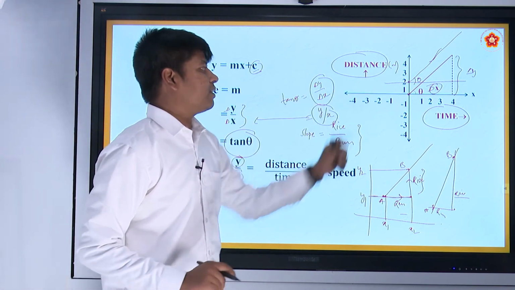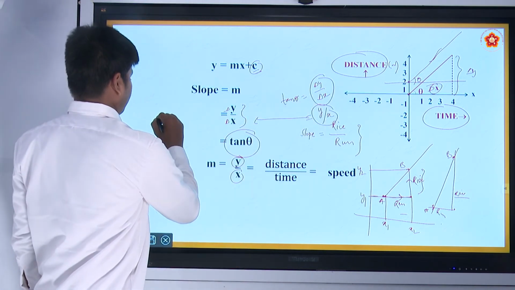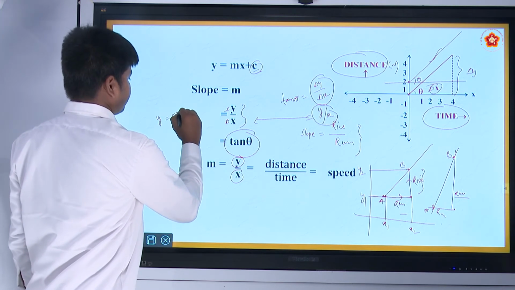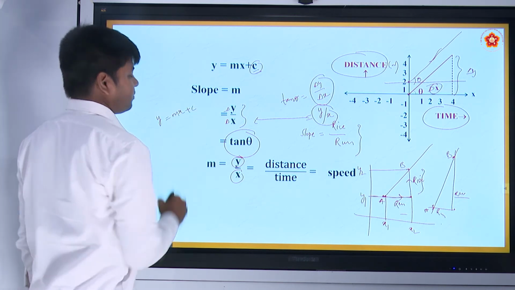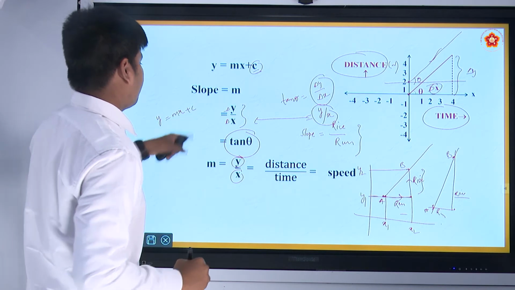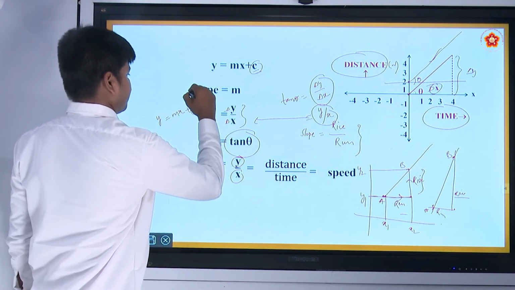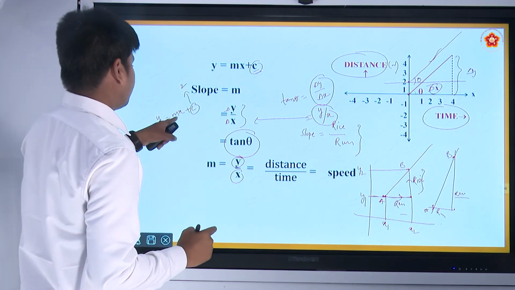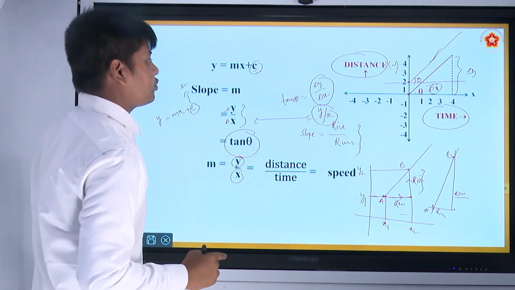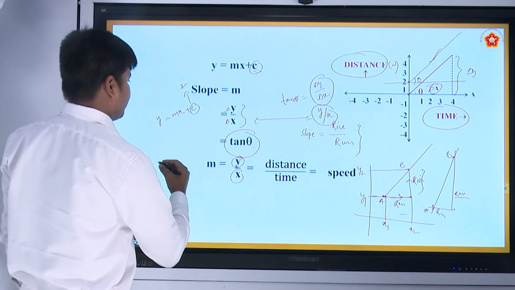What will be the slope here? It will be y equal to mx plus c. To find the value of c, what happens? The c becomes 2 there, because at x equal to 0, the y value is 2.